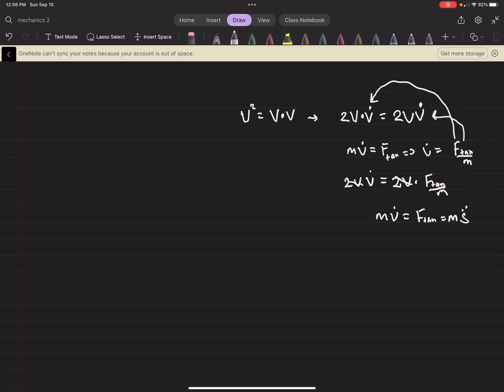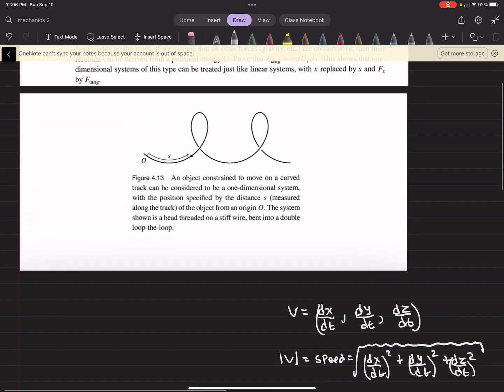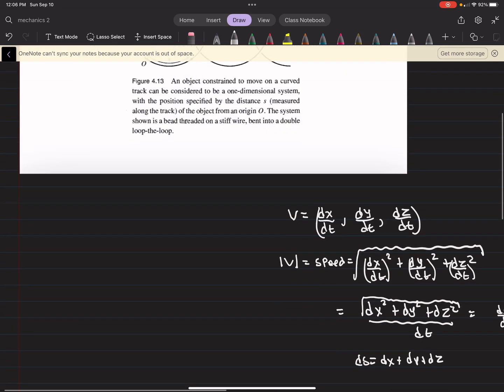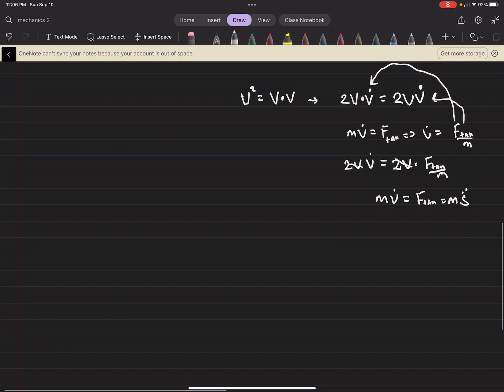The last thing we need to do here is, what do they want? They want us to show that F tan is minus dU/ds. They mentioned that there's a normal force minus our conservative forces.